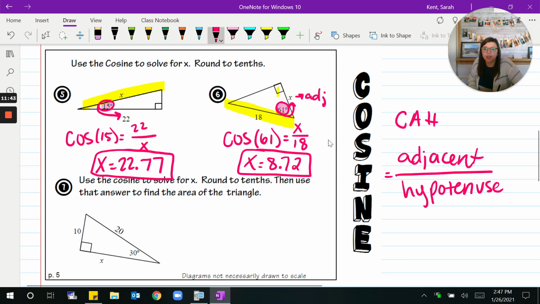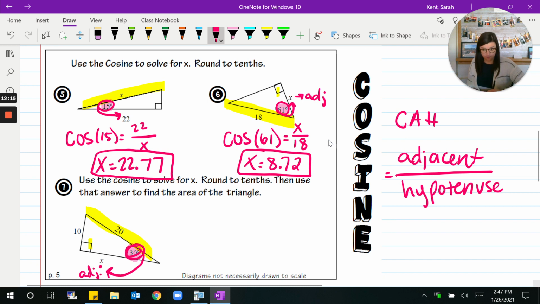All right, one more cosine. So let's see, my angle, 30 degrees. Here's my right angle, so my hypotenuse is across. And then we need to solve for x, which is right here. So x is adjacent to 30 degrees.